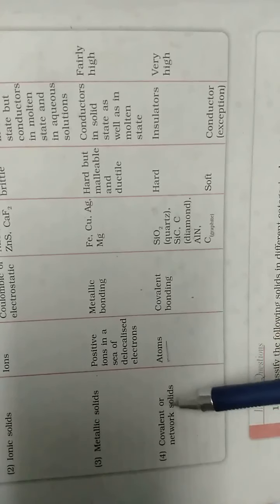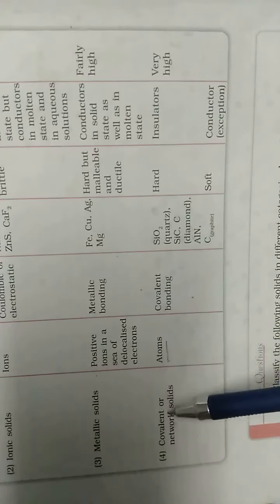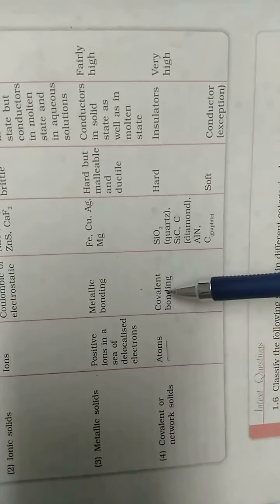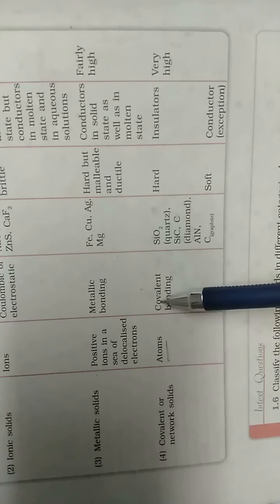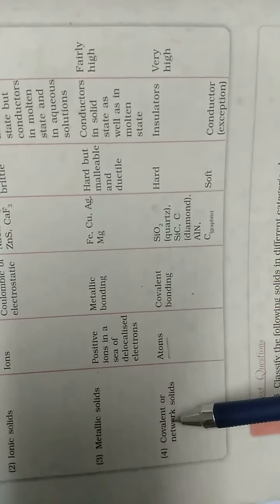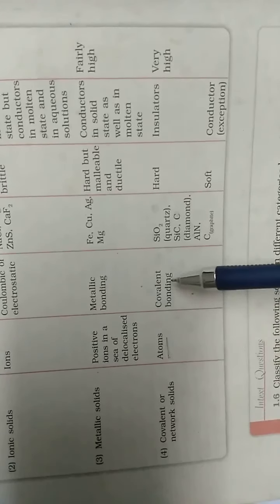So covalent solids are made up of non-metal atoms. In a covalent solid, non-metal to non-metal, strong and directional covalent bonds are present. कोवेलेंट बॉन्ड को डायरेक्शनल बॉन्ड बोला जाता है क्योंकि कोवेलेंट बॉन्ड फॉर्म होता है at a particular direction. So in covalent solids, non-metal atoms are held together by the covalent bonding.